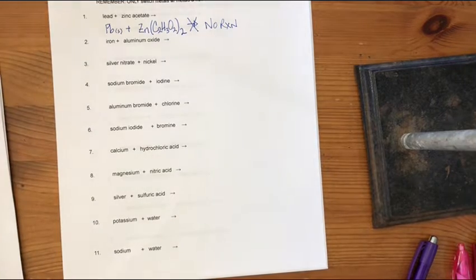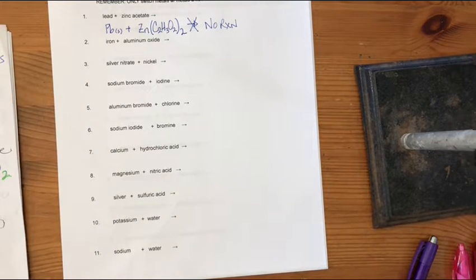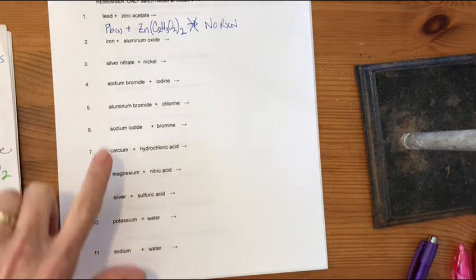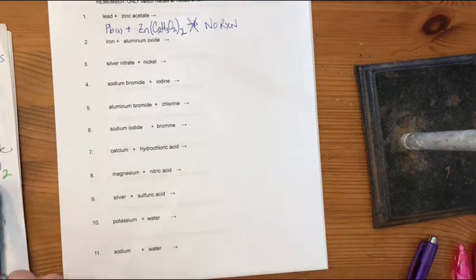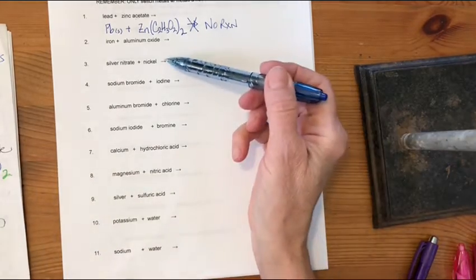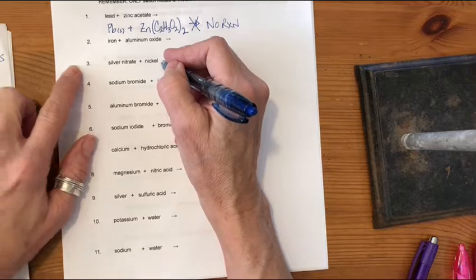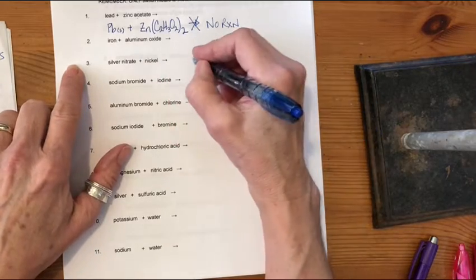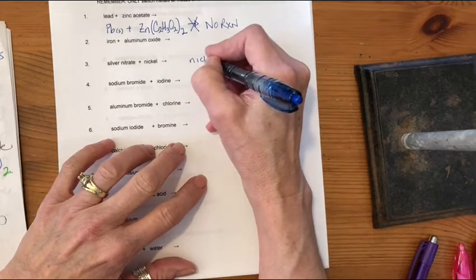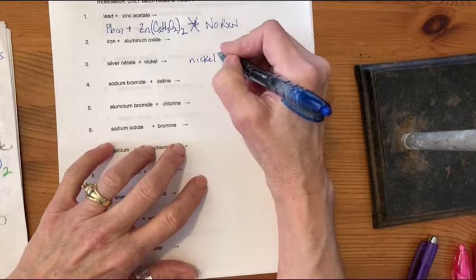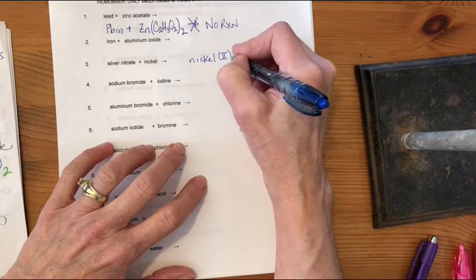The next one is, I'd like to try and do, let's see, I was going to do this one. I'm going to do number 3 because I forgot to write down the name. So the name, because nickel can have more than one charge, we're going to assume this is nickel 2 nitrate.